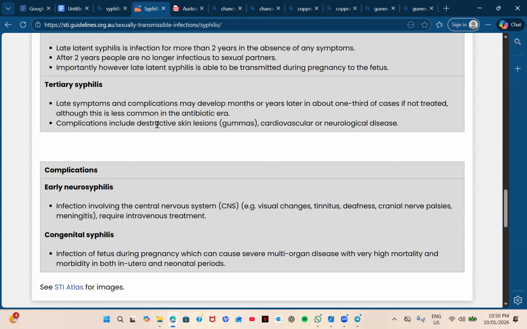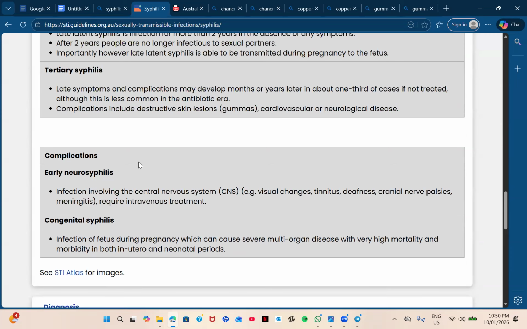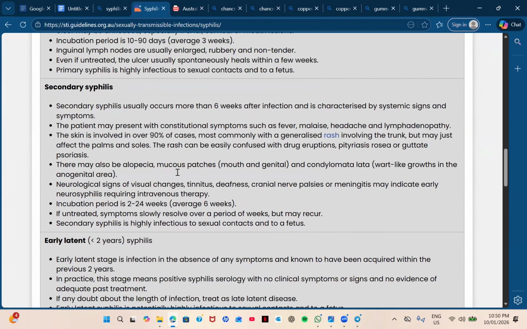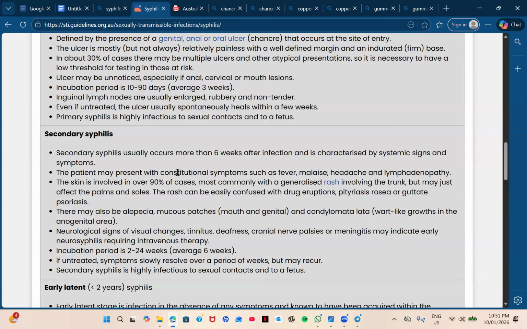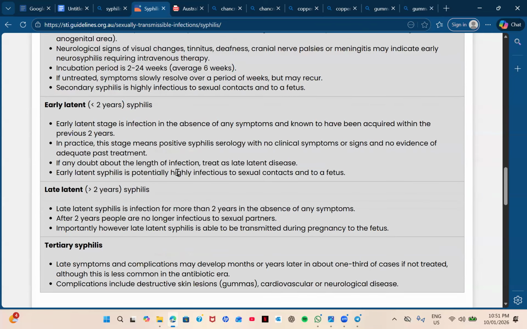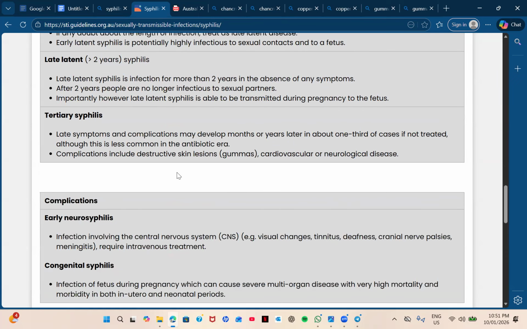Then, what are the main complications? Tertiary syphilis also has complications, so let's check what other complications. But before that, who can summarize the symptoms and important features of primary, secondary, early latent, late latent, and tertiary syphilis?